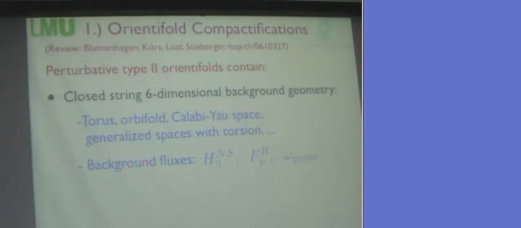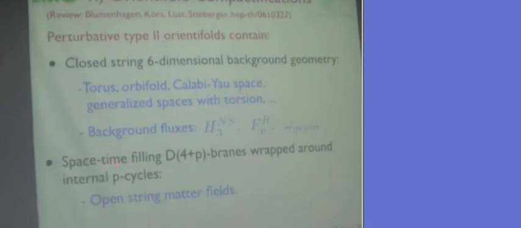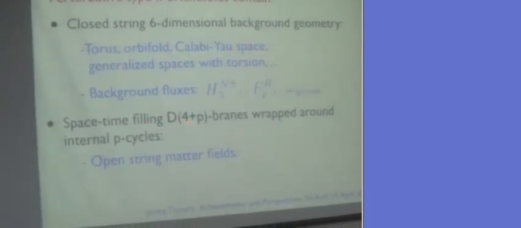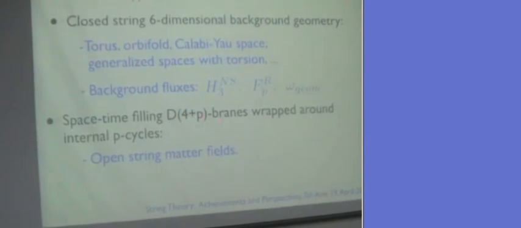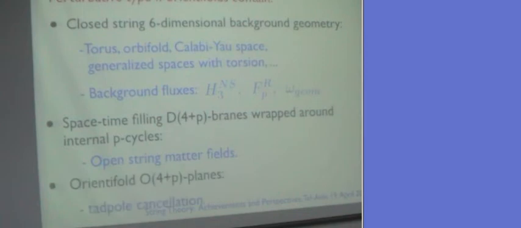You choose some closed string background fluxes, like the Neveu-Schwarz three-form flux, several Ramond fluxes, and also, in general, some so-called geometrical flux contributions. We choose, in general, space-time filling D-branes, so the dimension of the branes is 4+p, and hence they are wrapped around internal p-dimensional cycles. And these space-time filling branes give rise to open string matter fields.